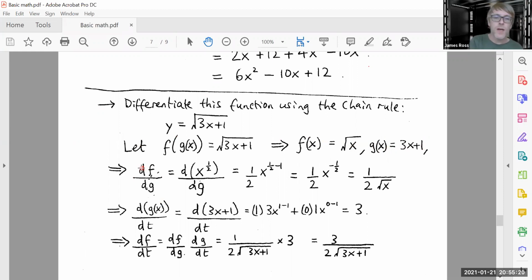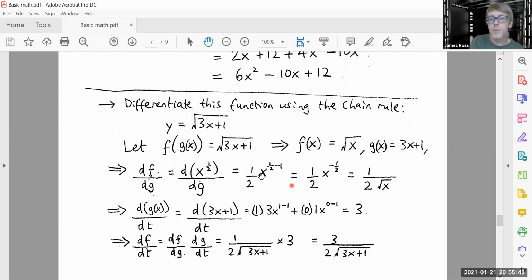Okay, so then df by dg is d by dg of f. Now we already said that f is the square root of x. Well, square root just means raised to the half power. So the function square root of x is just x to the half. We know how to handle that, right?